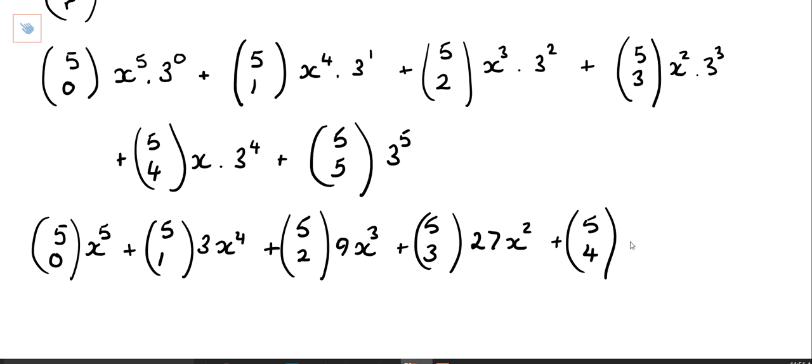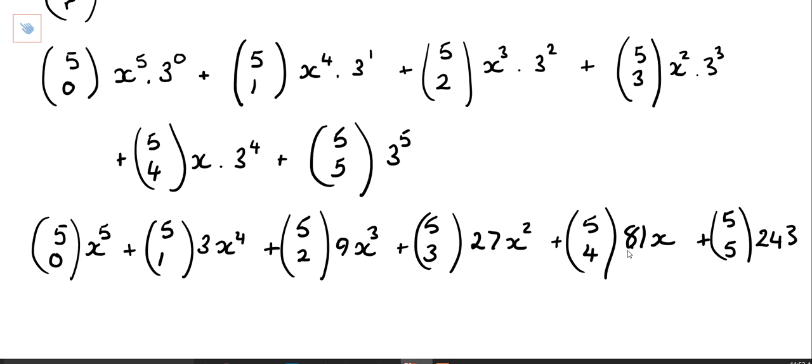So it's 81x, and then plus 5C5, 243. Of course it's 243, isn't it? 3 times 80 is 240, 3 times 1 is 3.